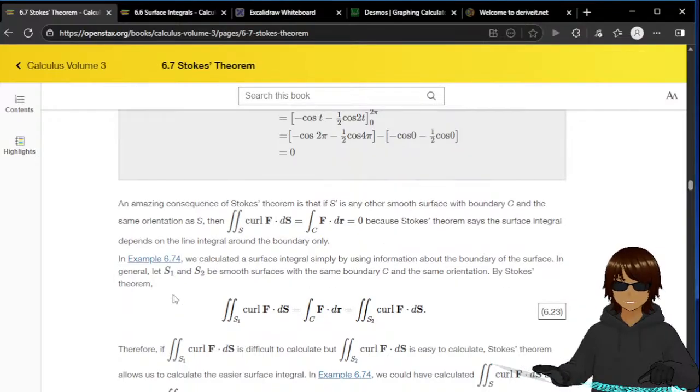By Stokes' theorem, the integral over S1 of curl f dot dS is equal to the integral of f dot dr over curve C, which is equal to the integral over S2 of curl f dot dS. They're smooth surfaces with the same boundary.